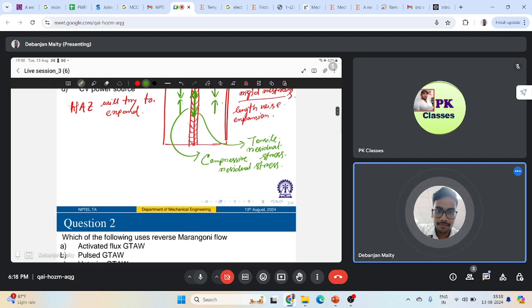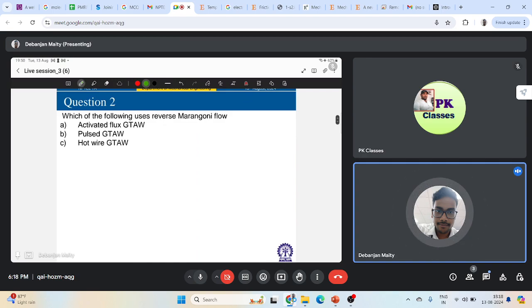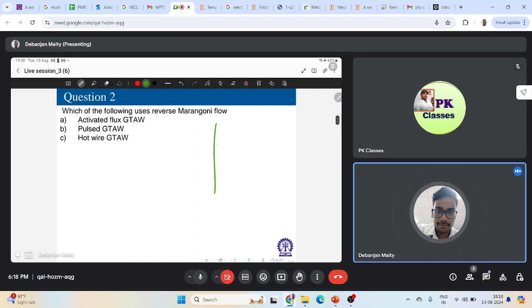Now, if we try to understand in terms of the graph or profile of the residual stress, it will look something like this. So over here, this is my plate to be joined. Over here, I have tensile residual stress, and over here compressive. So my profile will look something like this.